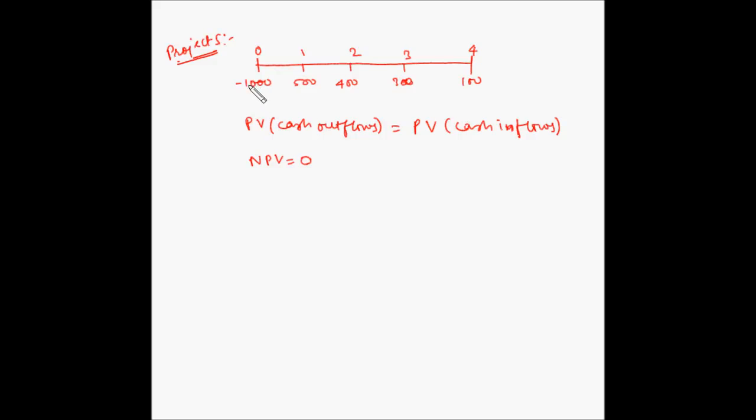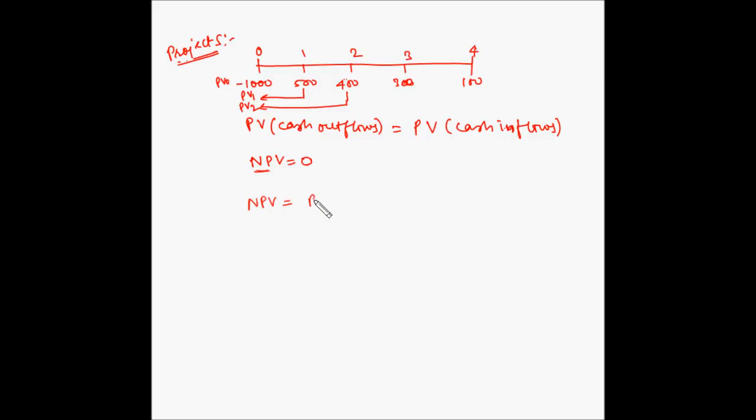So let's say the present value of the initial investment is represented as PV0. The present value of the first cash inflow is PV1. The present value of the second cash inflow is PV2. For third it is PV3, and the fourth it is PV4. Now what is NPV? NPV will be equal to the sum of all the cash flows, outflows and inflows.